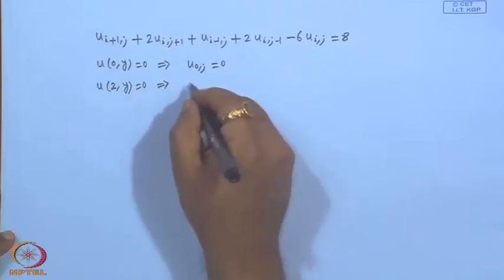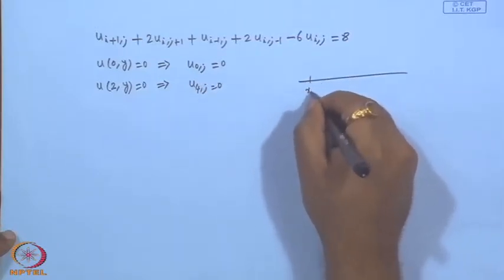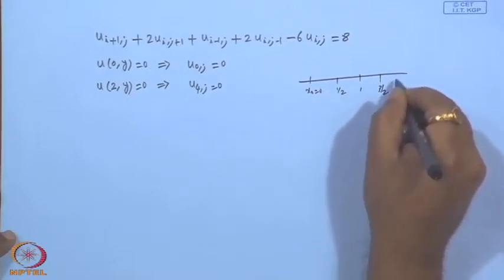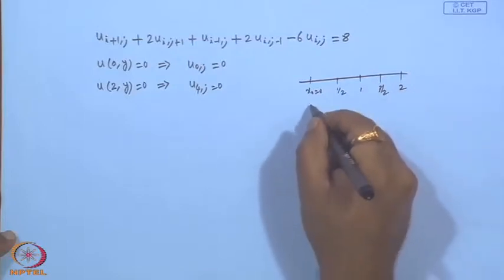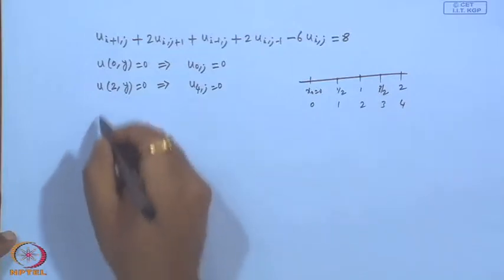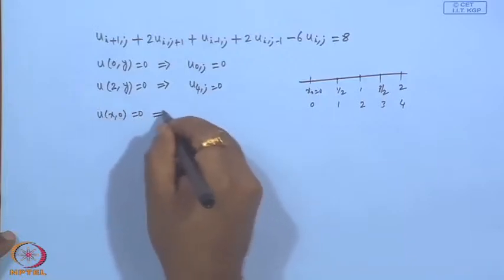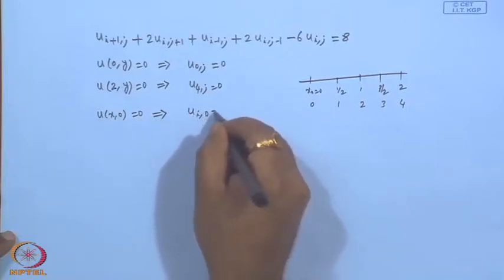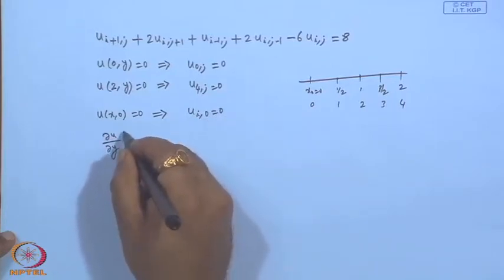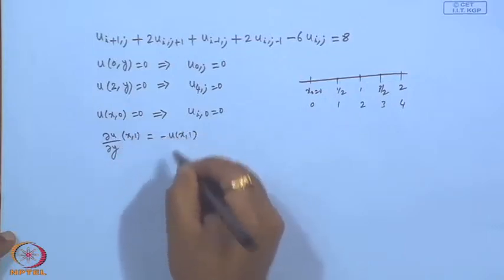So, this implies u 4 j equals 0, because the grid is x equal to 0, half, 1, 3 by 2 and 2. So, this is 0, 1, 2, 3 and 4. Okay. Then we have u i 0 equals 0, and dou u by dou y at x 1 is minus u at x 1.